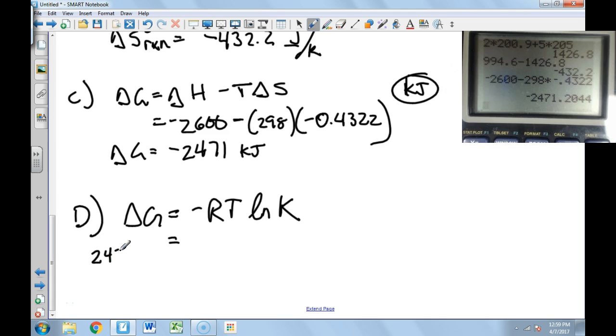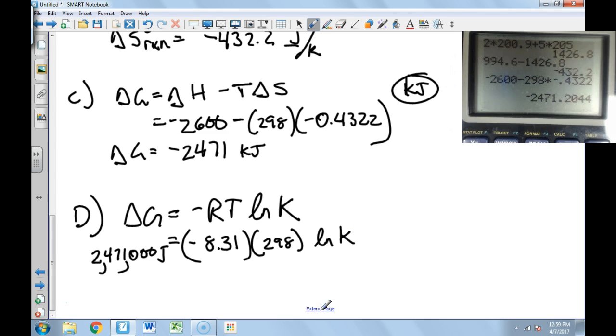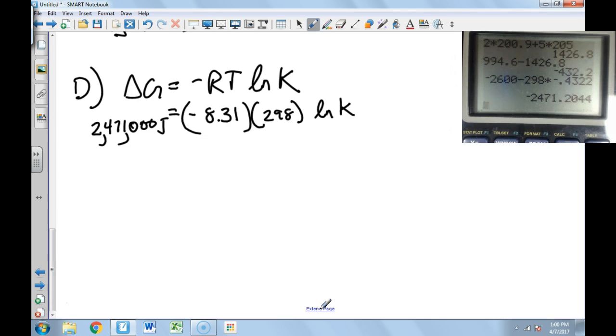So it's 2,471,000 joules equals negative 8.31 joules per mole Kelvin. That is the universal gas constant with units of energy per temperature, times 298, multiplied by the natural log of K.